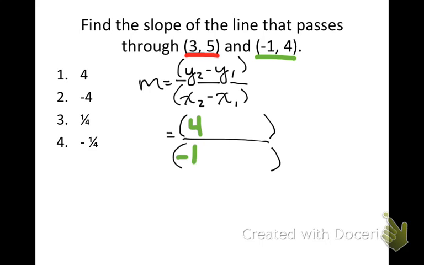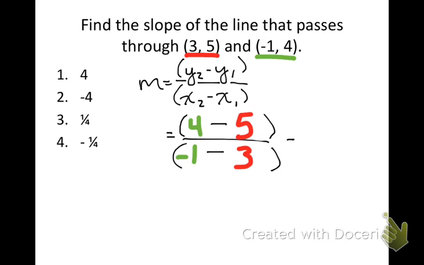I've got a point that has values that are over top of each other. Perfect. Next, we write down the operation. It's always subtraction. It will never, ever change. Next, we write down the values of the next point. So, 3 and 5. 3 is the x, it goes in the bottom. 5 is the y, it goes in the top.